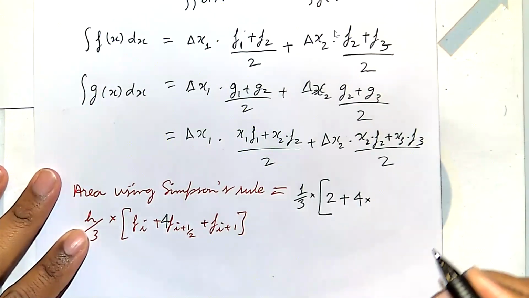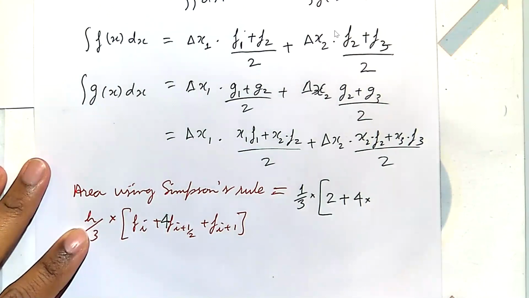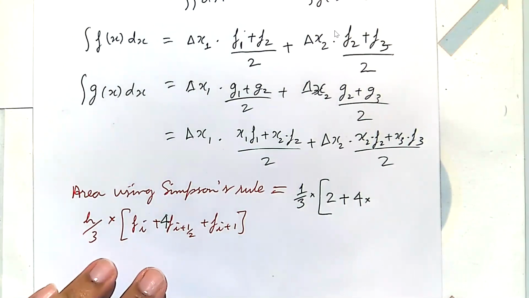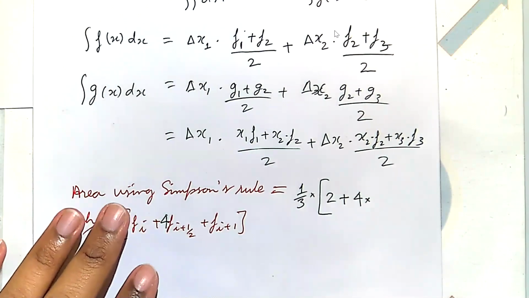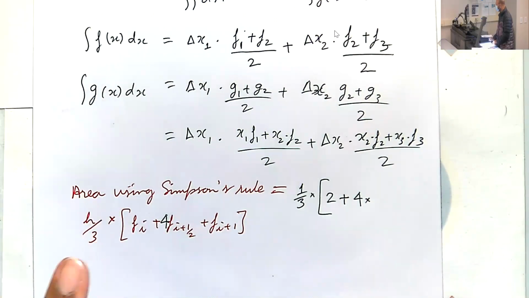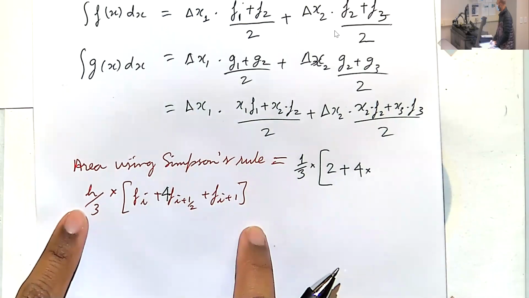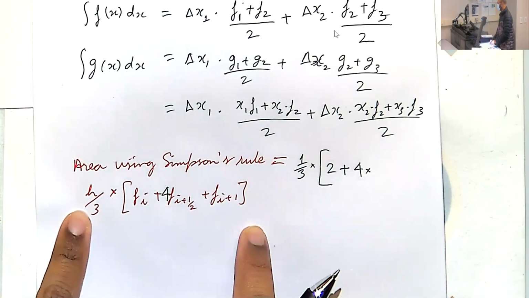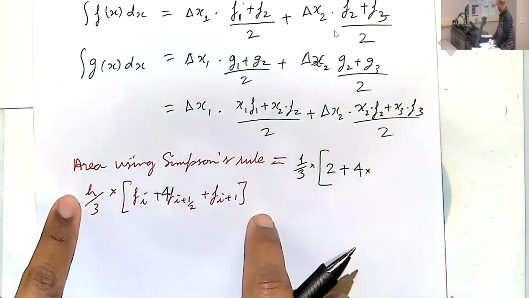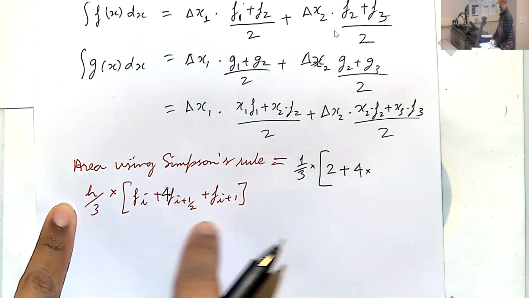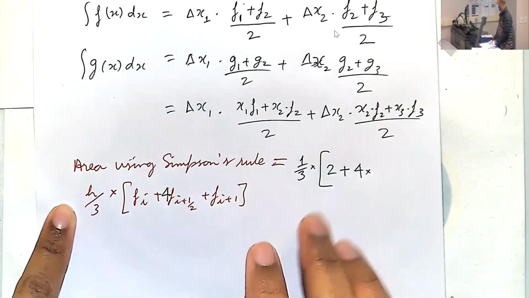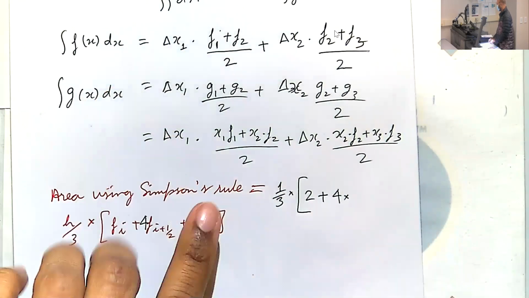Professor, I had delta x over 6, not over 3, from the class. I will tell you why. You use this always, okay? In the previous note I wrote delta x over 6, but this is a formula which you use all the time. You will never confuse yourself. The other formula is correct. I will tell you why.